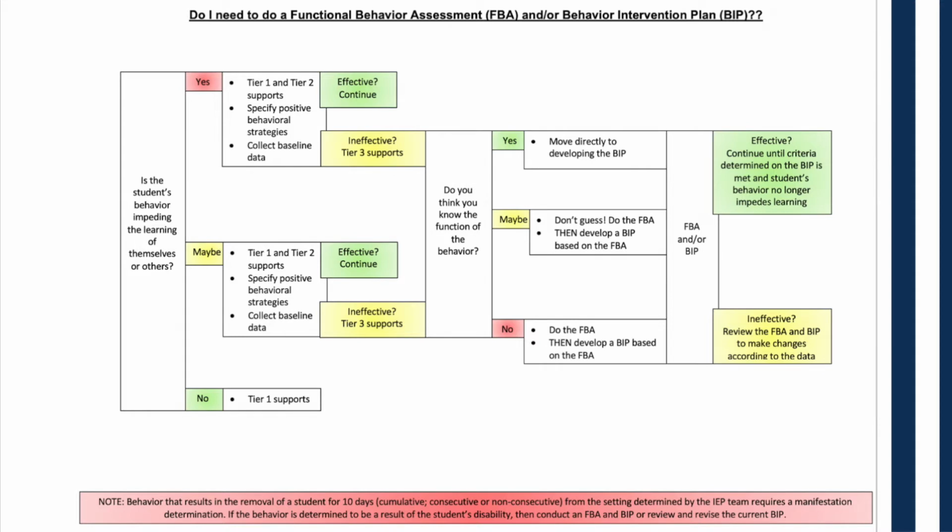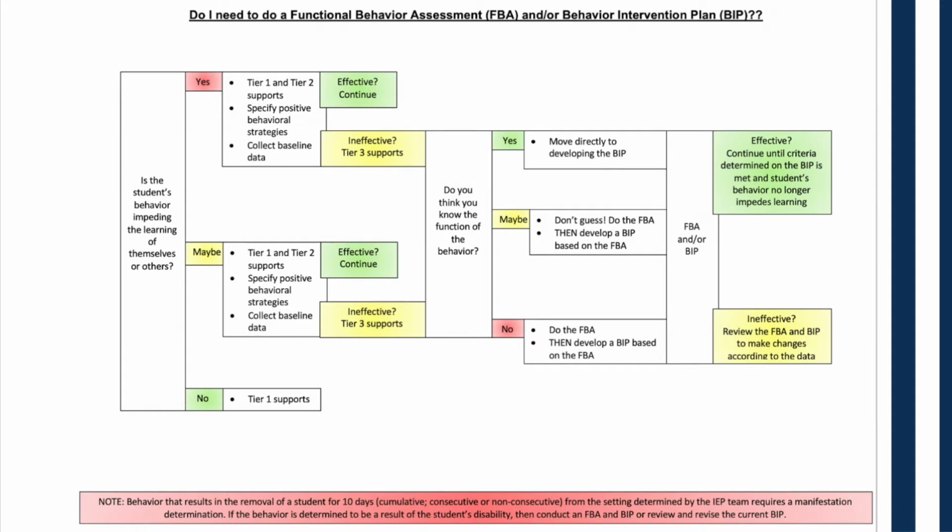If we aren't 100% sure or we do not know the function of the behavior, then we do not want to guess. We would want to do the functional behavior assessment and then begin to develop the behavior intervention plan based on the information that we gather from the FBA.